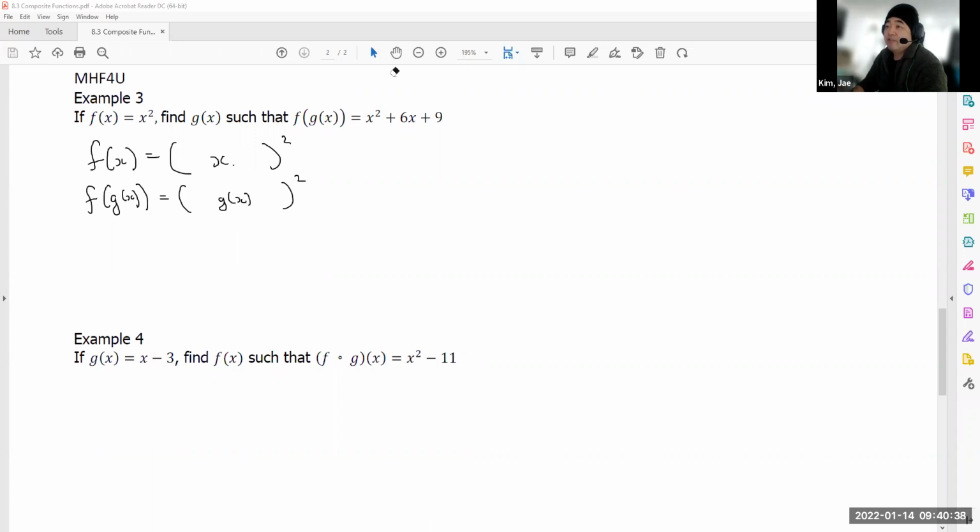And if that is also true, it should equal x squared plus 6x plus 9. So essentially the question is, what squared gives you x squared plus 6x plus 9? That's the question. If you see it, you see it. If you don't, you don't. I'm going to give you a minute to see if you can identify the solution and solve it.